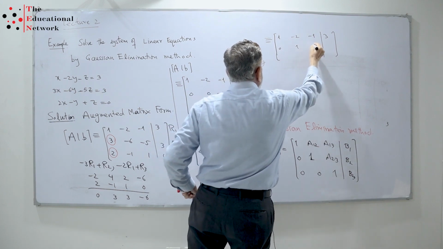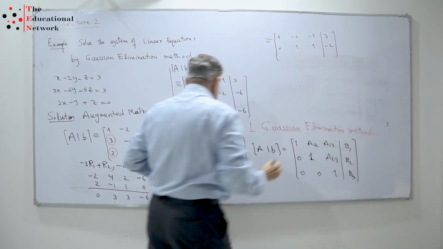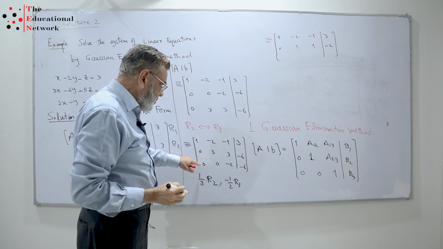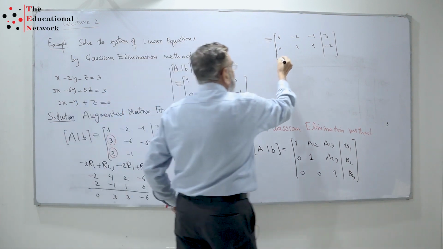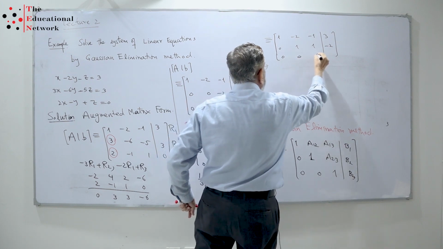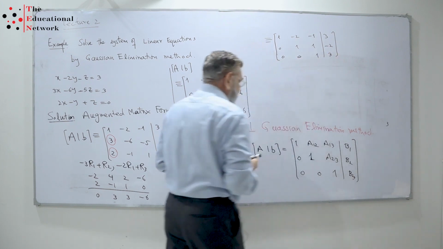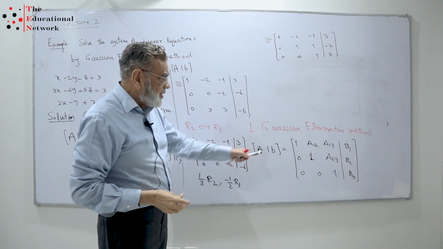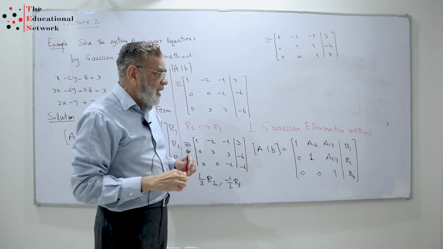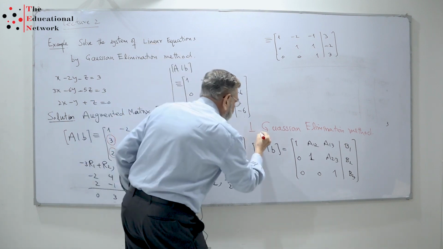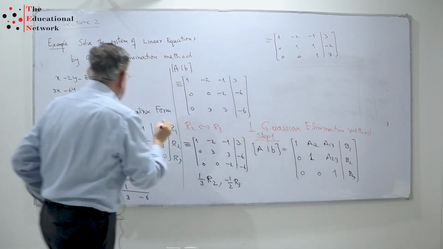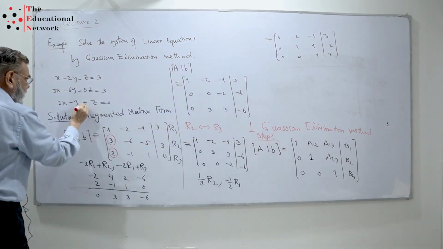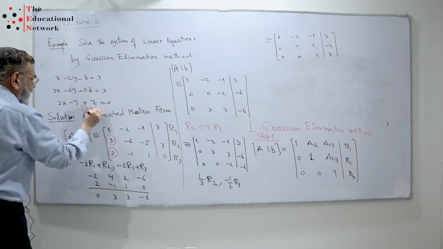And multiplying the last row by minus 1 by 2, we get 0, 0, 1, and 3. So you can see the matrix we wanted. This is our step 1, and step 1 is elimination.